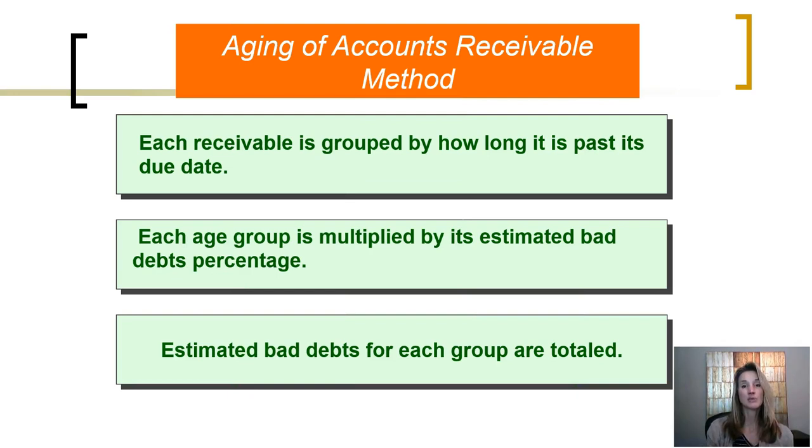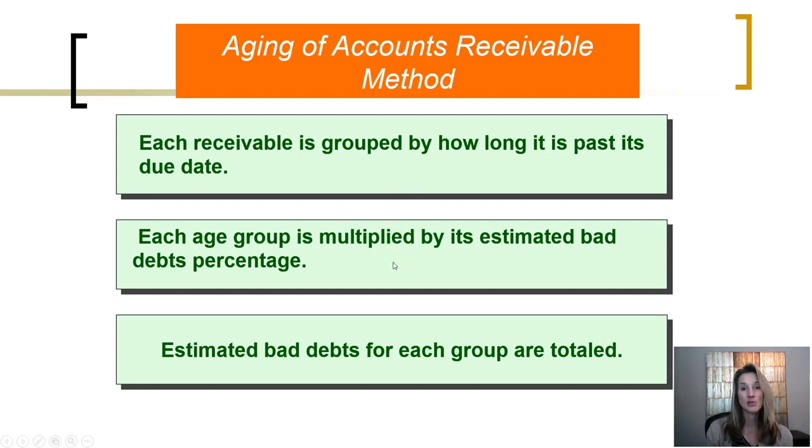The aging of accounts receivable method is really just a variation of the accounts receivable method of calculating bad debt expense. The only difference is, instead of multiplying the entire accounts receivable balance by a percentage uncollectible, we take each receivable, each customer's account, and group it by how long it is past its due date.